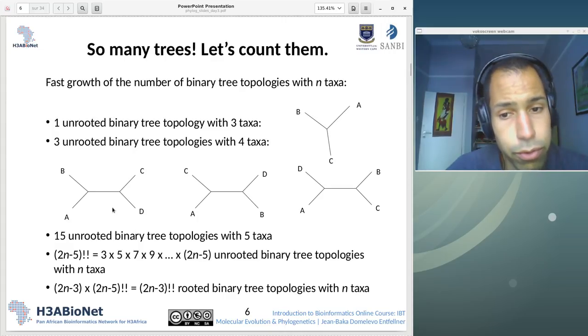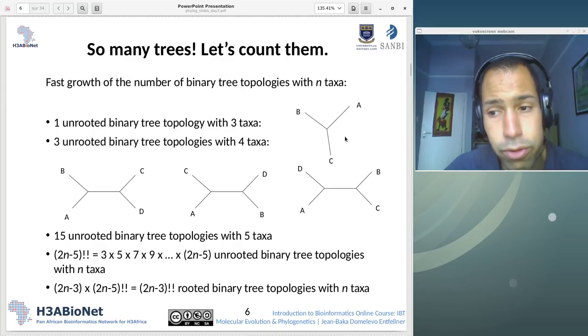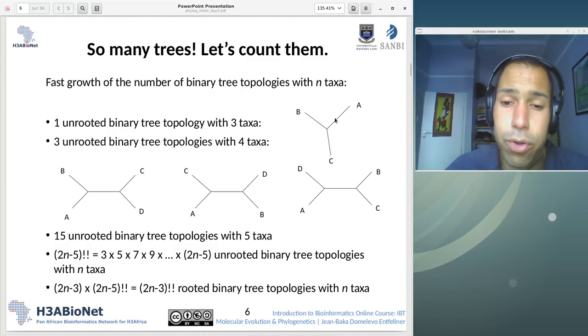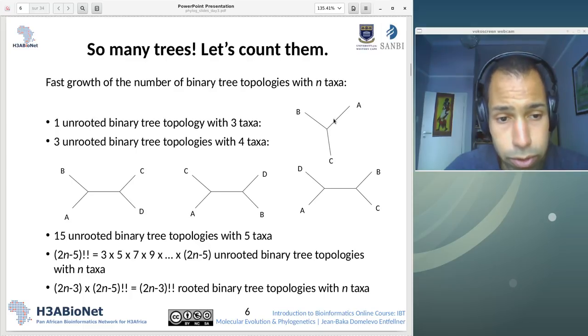Because from a single unrooted tree topology, to build a rooted tree topology, you simply decide where you want to put your root and artificially break this edge into two, not adding another branch, but creating a node that will be the root and that has only two descendants and no ancestor. You create a rooted tree topology from an unrooted tree topology.